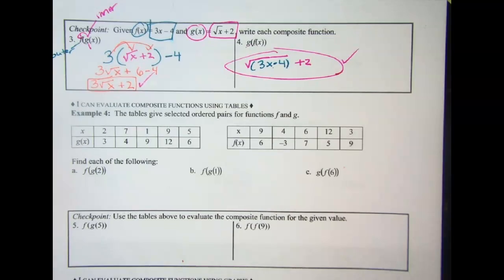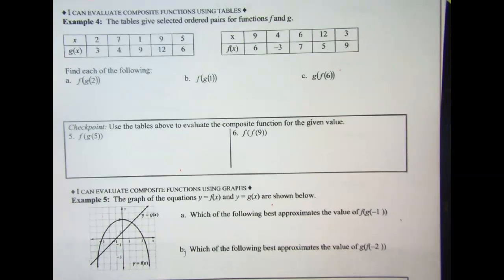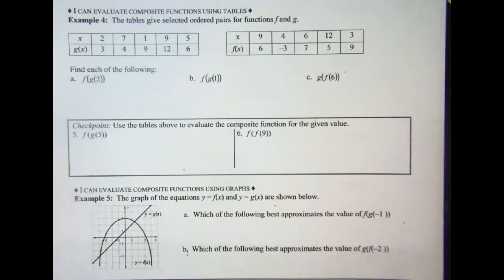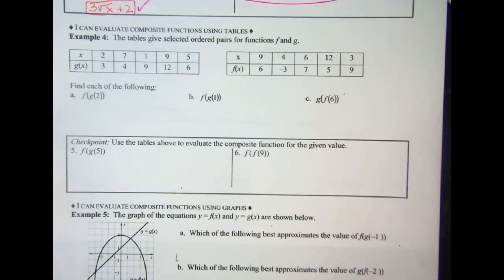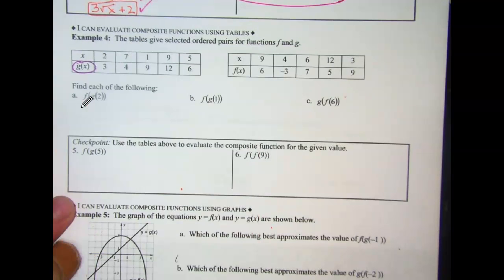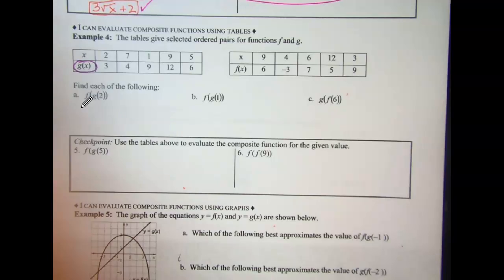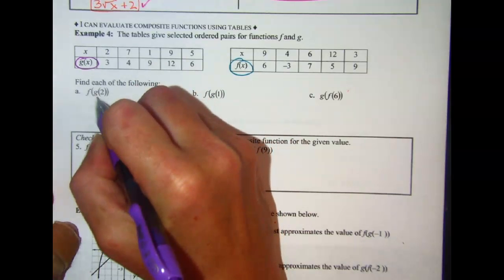All right. So we are going to now move on to evaluating composite functions using tables. This one's a little bit easier. So this is where I'm going to color code it again, but we are going to use the tables. So we have G right here, G of x, and then I'll use the blue or teal or whatever, F. So for the first one, remember, we always go with the inner first.